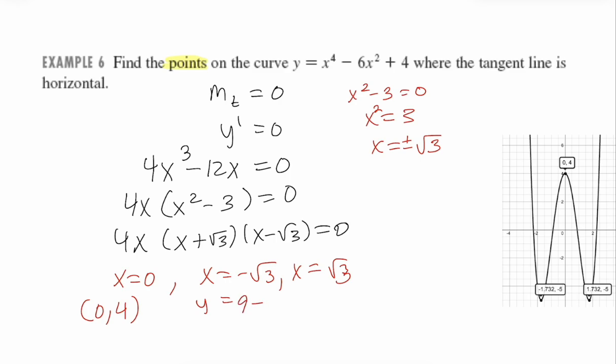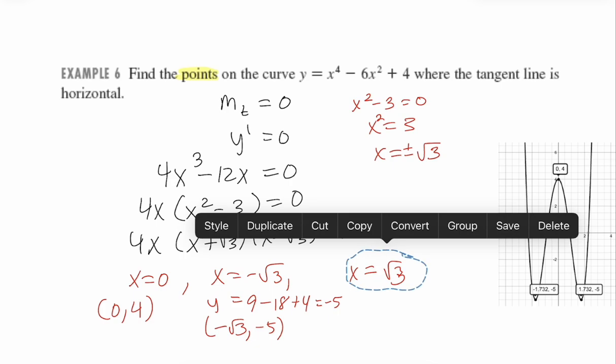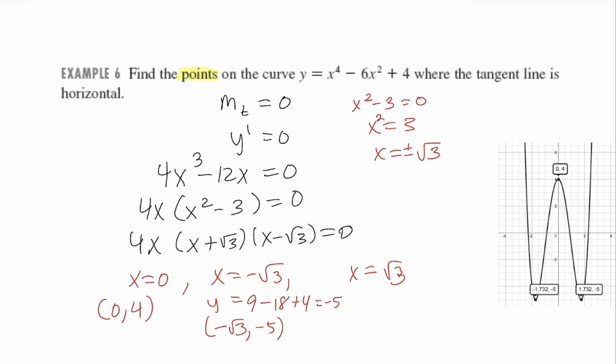And then minus 18 plus 4, that is negative 5. So that's the point negative radical 3, negative 5. And if we plug in positive square root of 3, we also get negative 5 because of the symmetry and stuff.